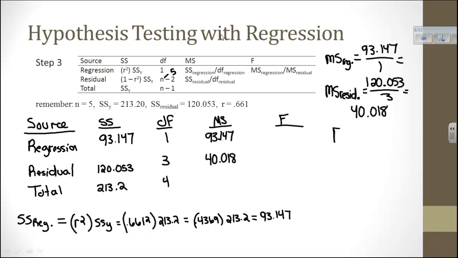Well, for F, just like in ANOVA, you take your mean squared regression divided by your mean squared residual in this case. So 93.147 divided by 40.018, and I end up with 2.328. 2.328 for my final value for F. All right, now let's move on to see if this is significant.